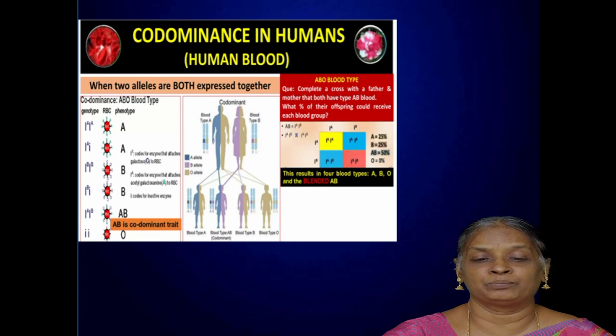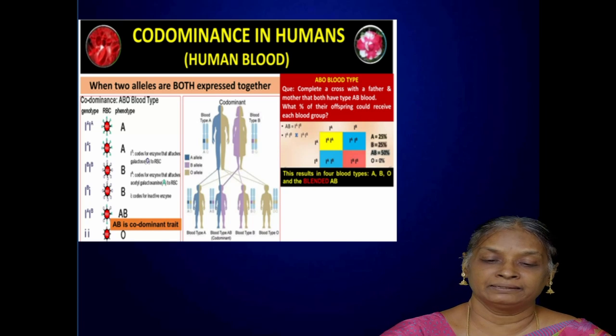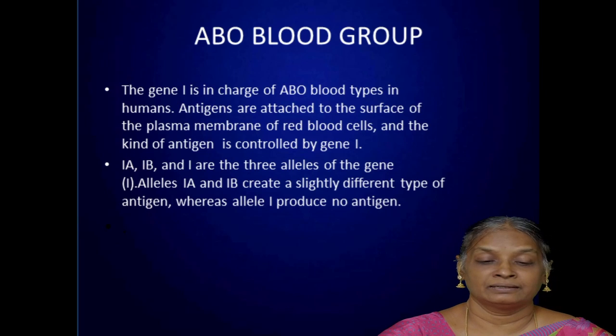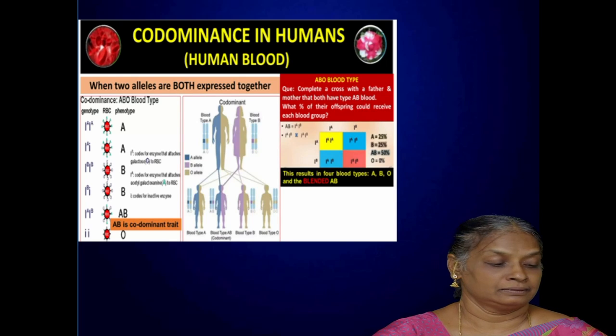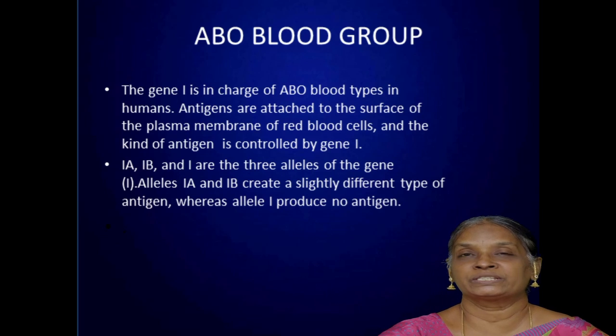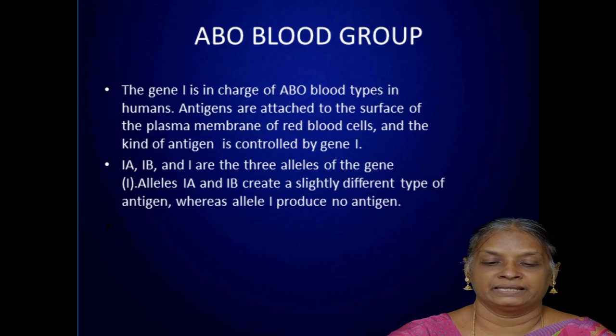And one more example of codominance is the inheritance of human blood groups in man. The gene I controls the ABO blood types in man.